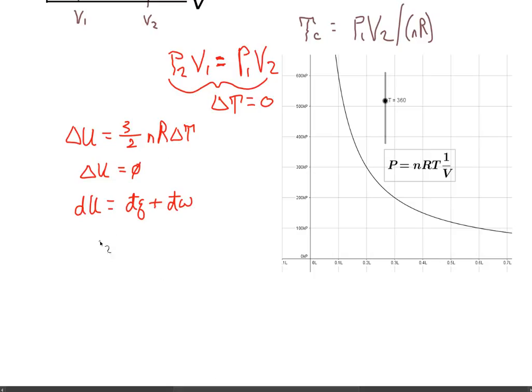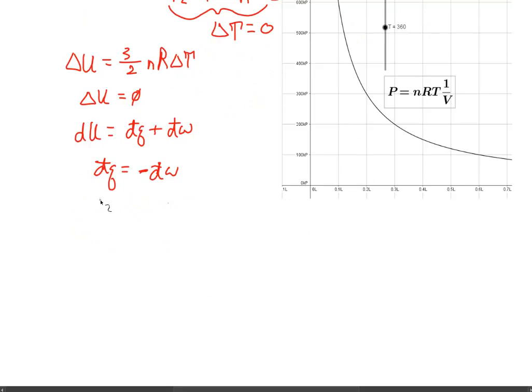Since dU is 0, that's going to mean that dQ is equal to minus dW. In order for work to be done, there has to be a change in volume. So we can write the work as the negative integral from V1 to V2 of P dV.